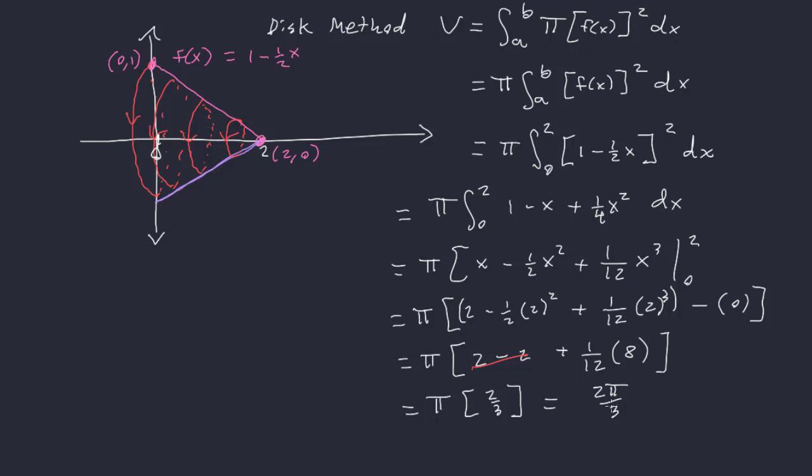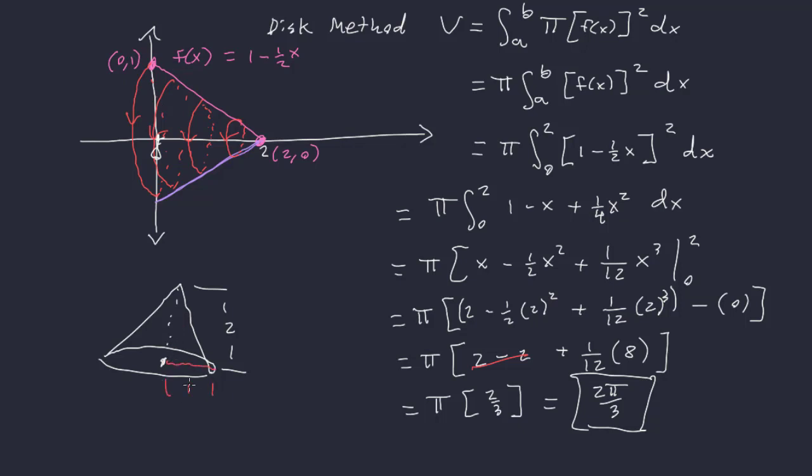Okay, so does this actually match what we know about a cone? So what we essentially have here is a cone, with height equal to, well, its height is here, that's 2, and its radius is 1. Let me make sure that actually looks like a 1.